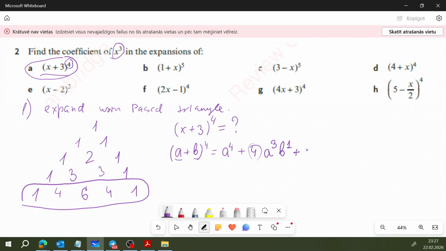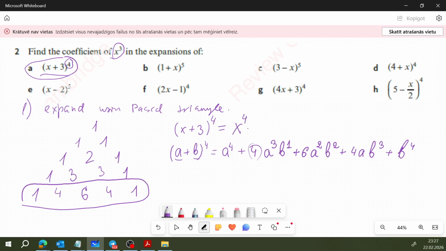Then plus 6a squared b squared. Remember that all the powers shall sum to 4. Plus 4a times b cubed, and plus a single b to the power of 4, because a to the power of 0 is 1.